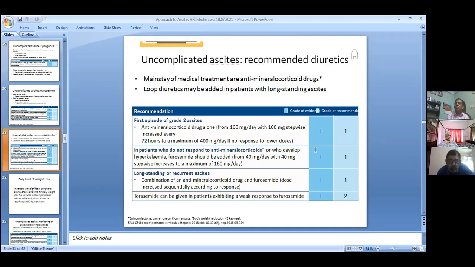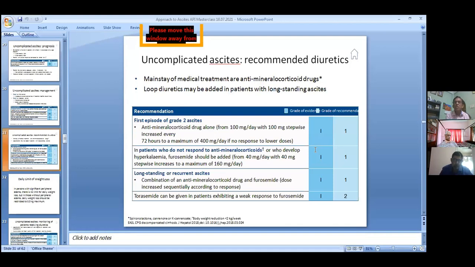You should start with 100 milligram per day. You should not increase the dose every day. You should wait for every 72 hours. Gradually, you should measure the daily body weight and how much urine output the patient is passing. And then you can go up to 400 milligram per day.